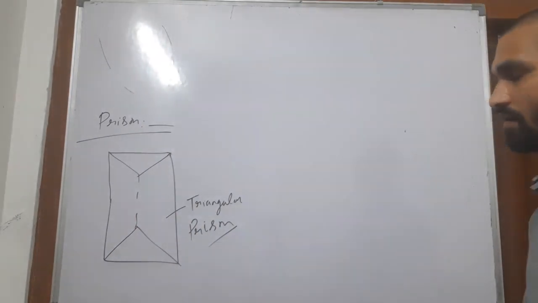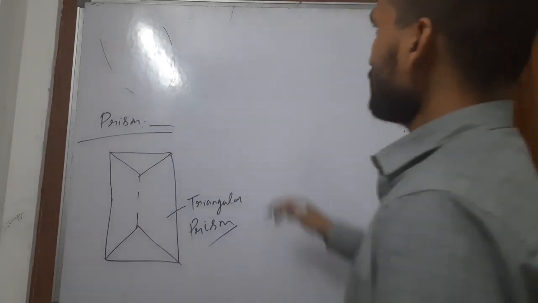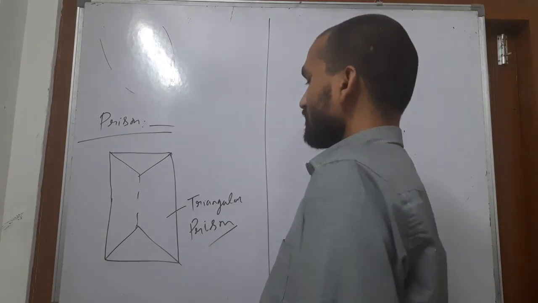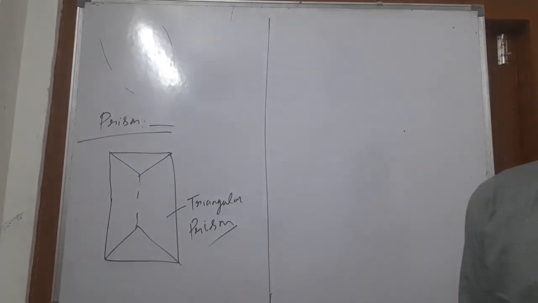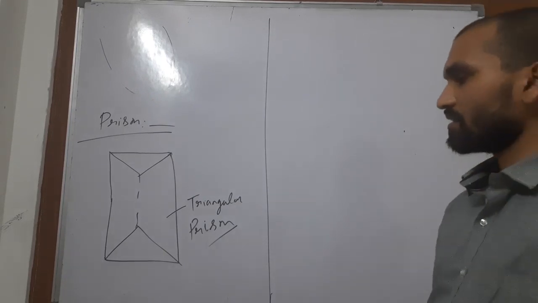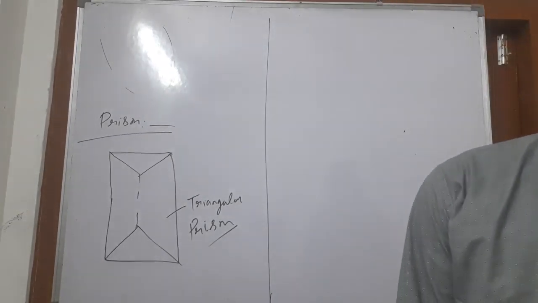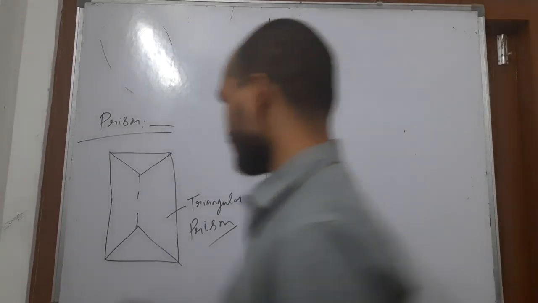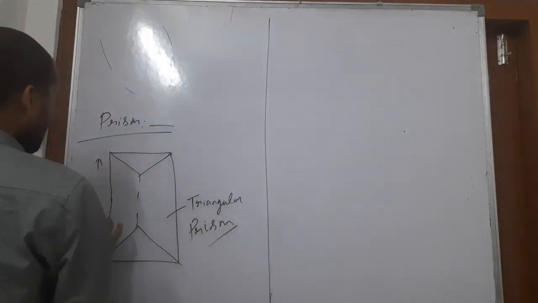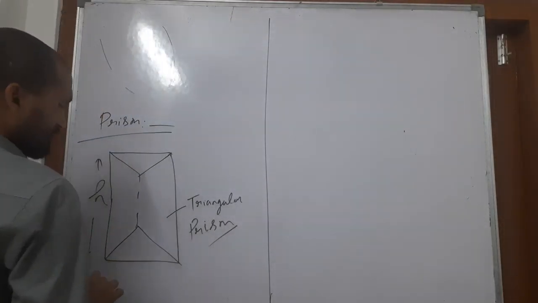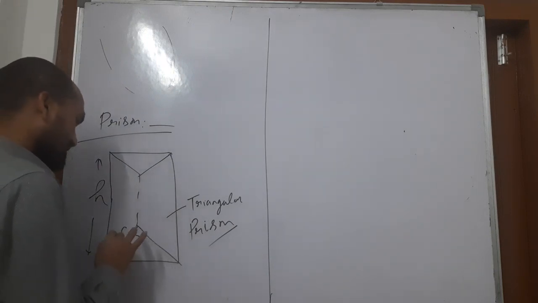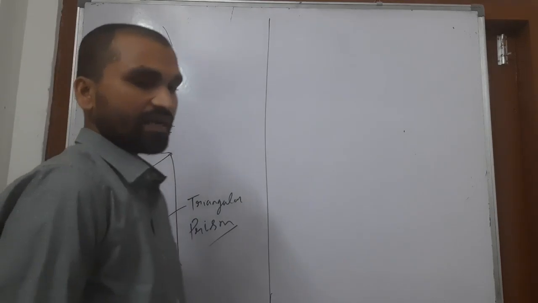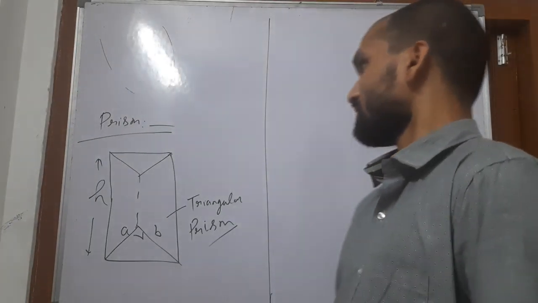Okay, friends. Now we should discuss the perimeter, area, surface area, and lateral surface area of this prism. So first of all, we take the height of the prism as h, and the two base sides are A and B. Here we have taken a right triangular prism.